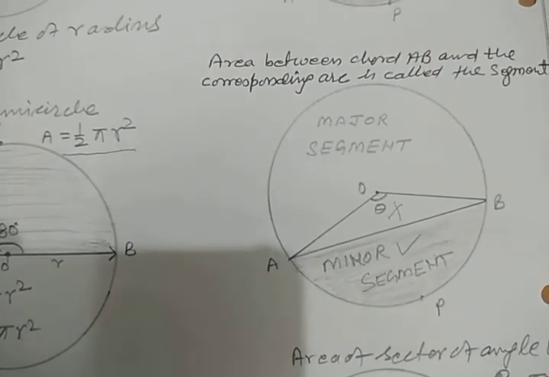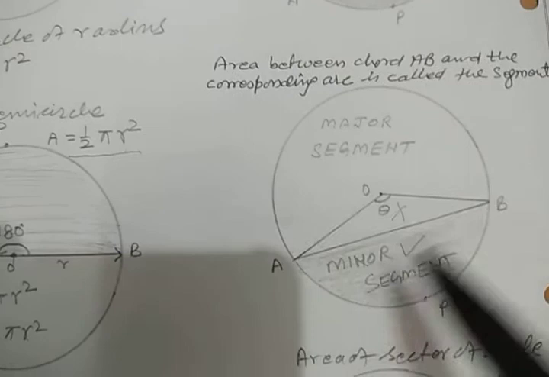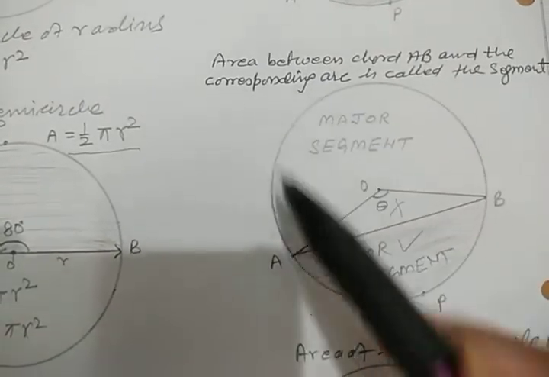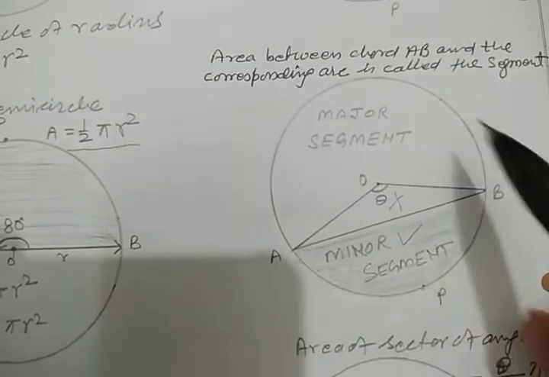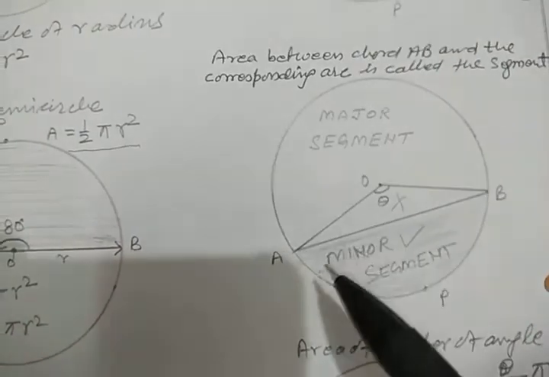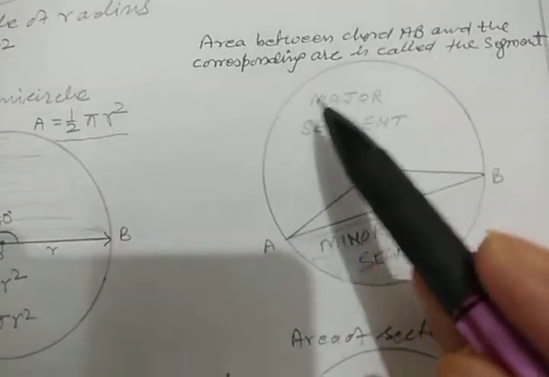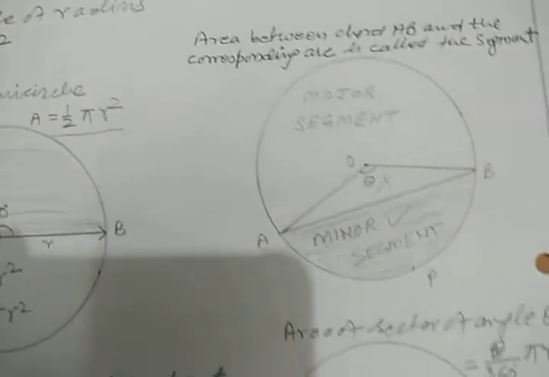If we want to find the area of the major segment, we subtract this minor segment area from the area of the circle, and we can easily find the area of this major segment.